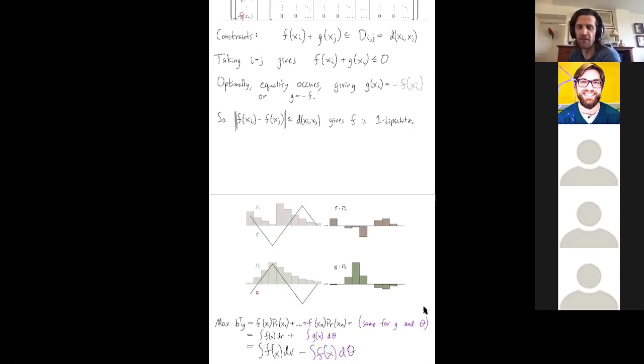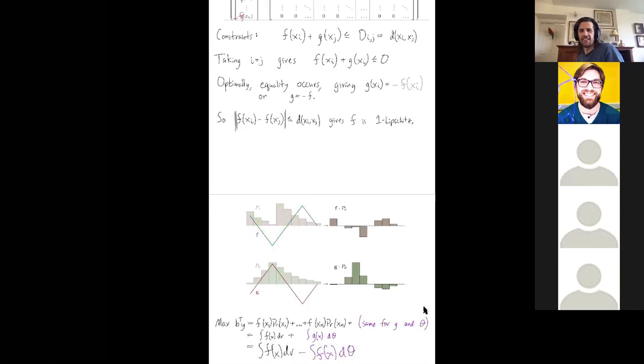The slope of f can be at most 1. So we achieve that here, right? F is large where R is large. And here's another spot where f is large near where R is large. But you want f to be small where theta is large, right there, okay?